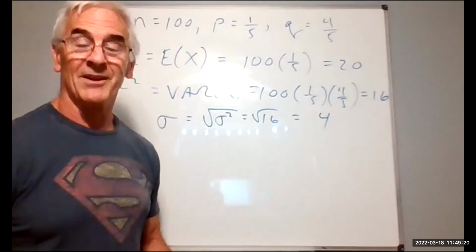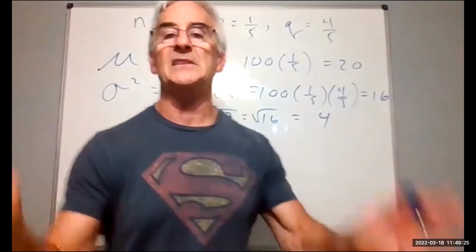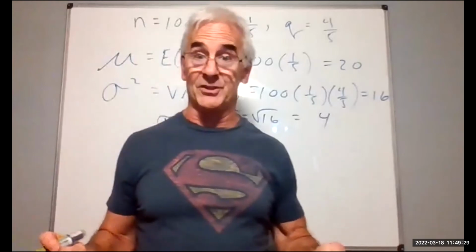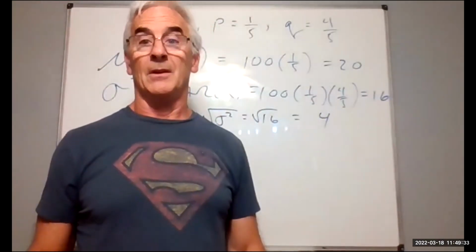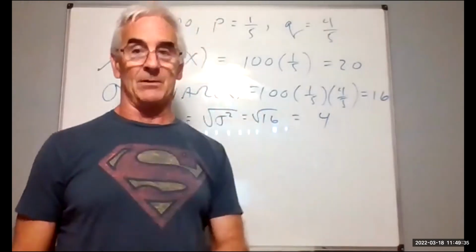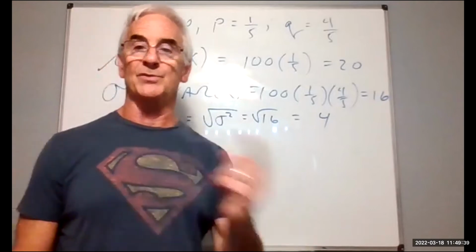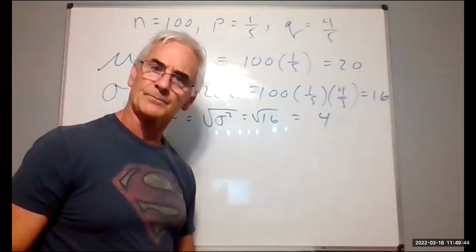That's a great number. So the range rule of thumb says the reasonable range of outcomes, not the only possible. If there's 100 questions, it's possible to get all 100. It's possible to get 0. Everything's possible. But the most likely outcomes, the reasonable range, is plus or minus 2 standard deviations. What's 2 times 4? 8. So that means, what was the mean?